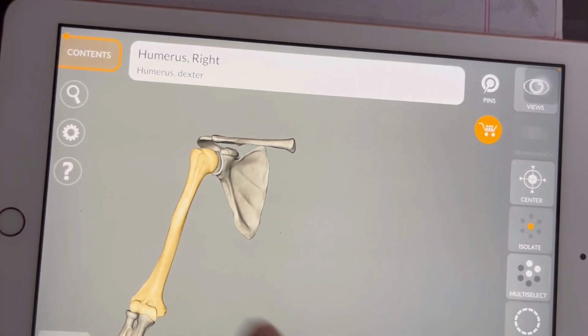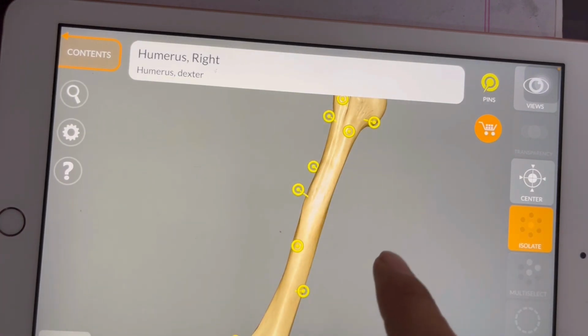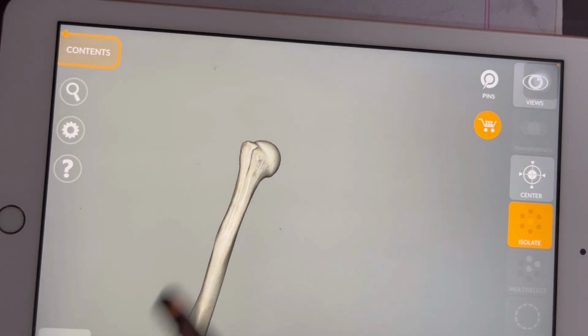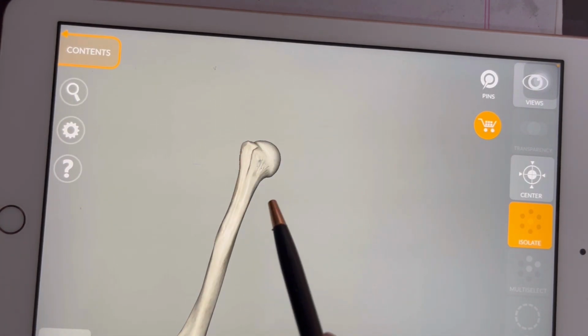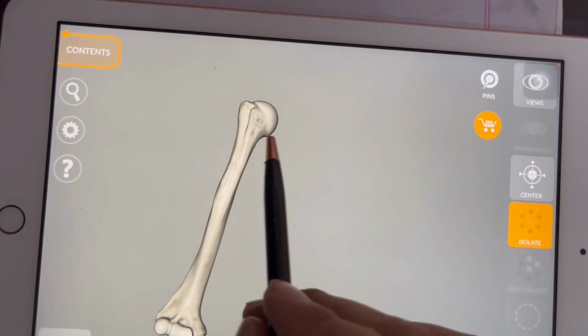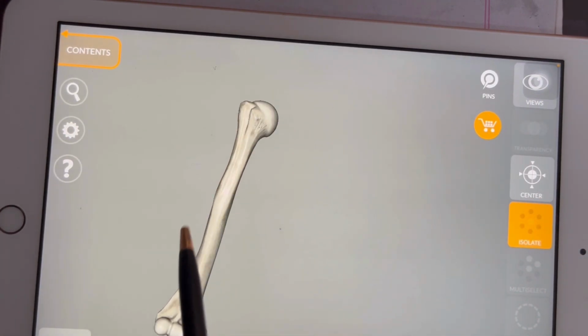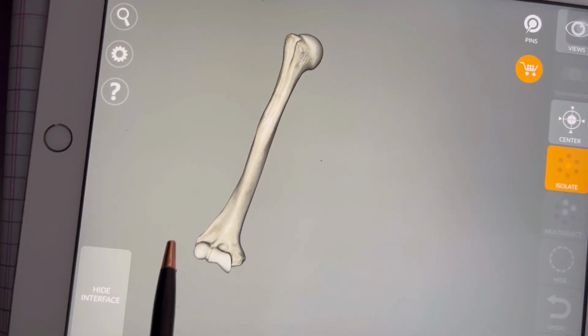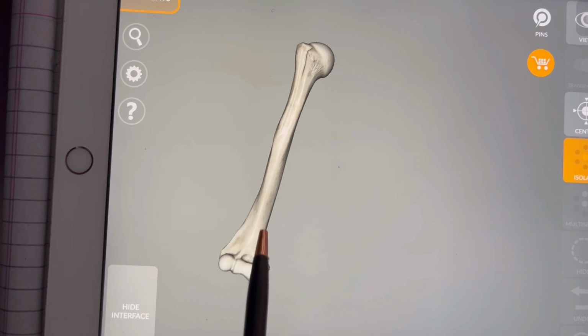Now discussing the humerus bone further, it has a proximal extremity, which articulates with the scapula bone, and the body or the shaft, while distally this area is called the distal extremity, which articulates with the radius and the ulna bones.